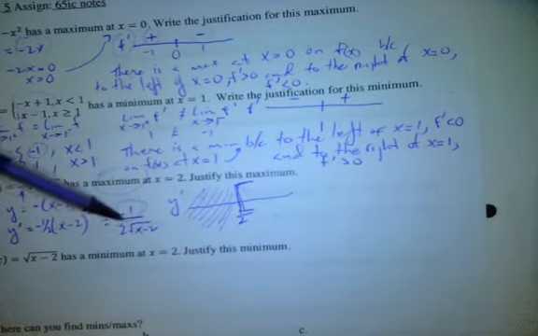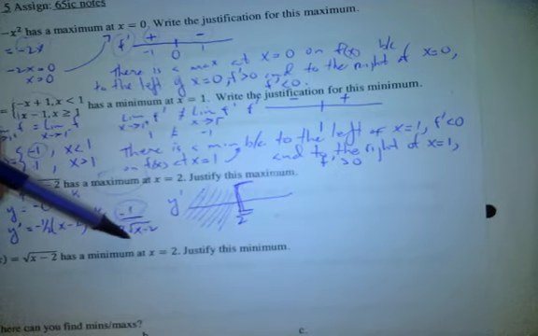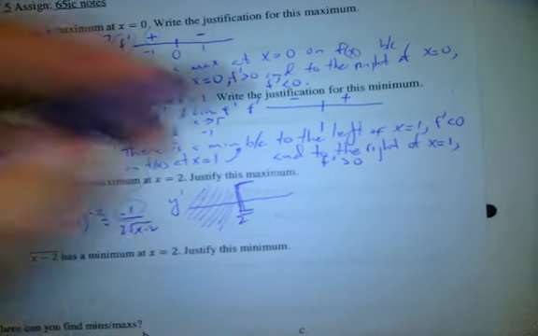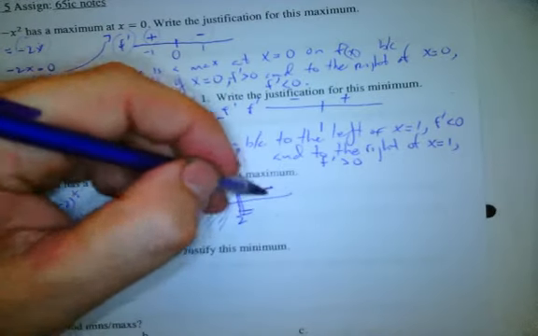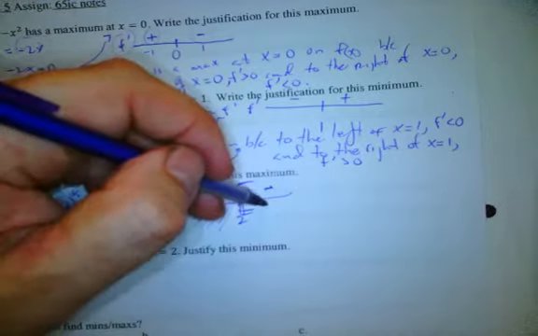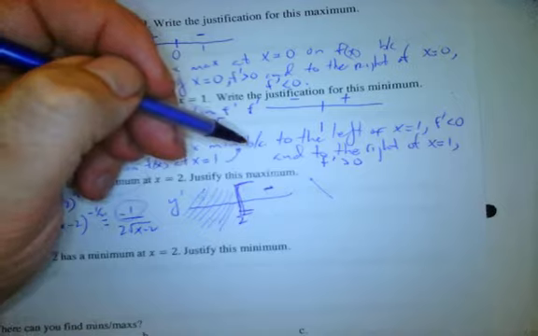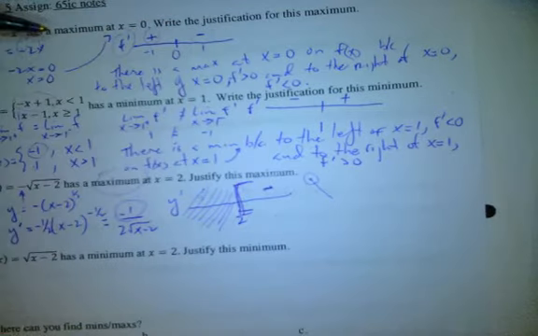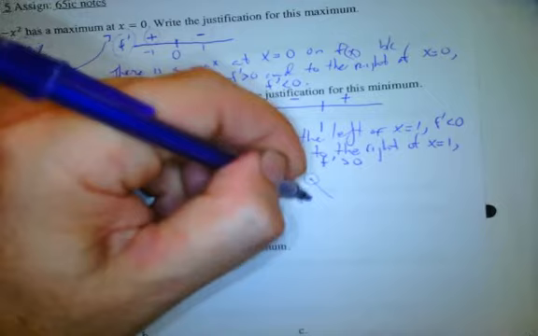So when I check to the right of x equals 2 with f prime and put in, say, a 3 here, 3 minus 2 is 1, the square root of 1 is 1, 1 times 2 is 2, negative 1 divided by 2 is negative. And so I'm thinking about a left endpoint and then the function decreasing from there because the derivative of that function is negative. Well, if I had a function and it decreased from a point, I would know that point to be a maximum.